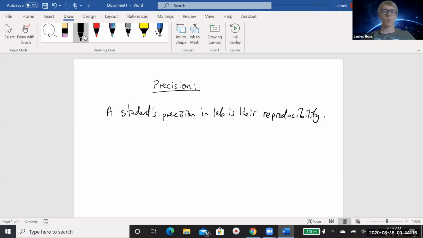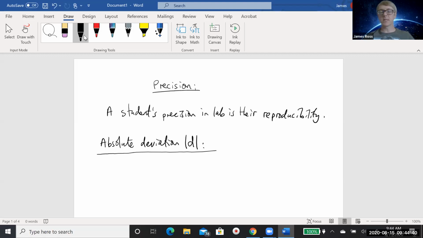So let's start with absolute deviation. Absolute deviation, which I'm going to represent as a D, the modulus of D, or the absolute value of D. So this is the first type of precision that we'll look at.